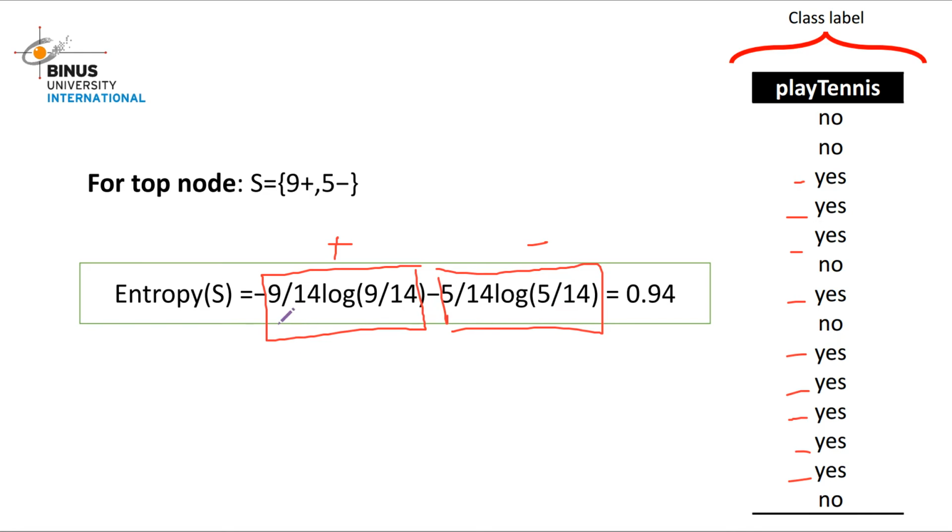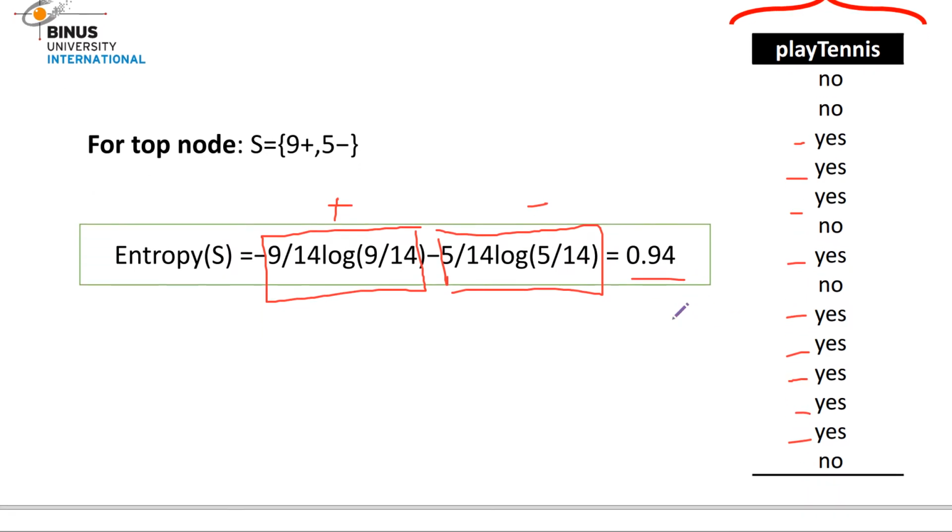How to calculate this is easy. Minus 9 out of 14, because the whole dataset is 14, multiplied by log base 2 of 9 out of 14, minus 5 over 14 multiplied by log of 5 over 14, equals this, the whole entropy.